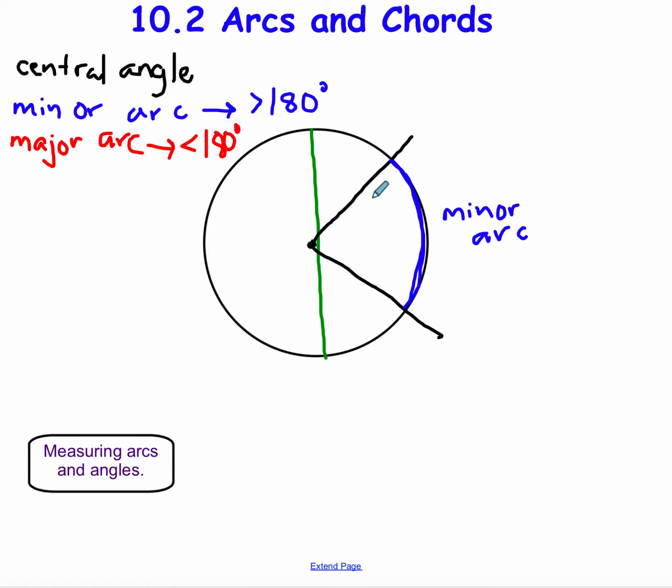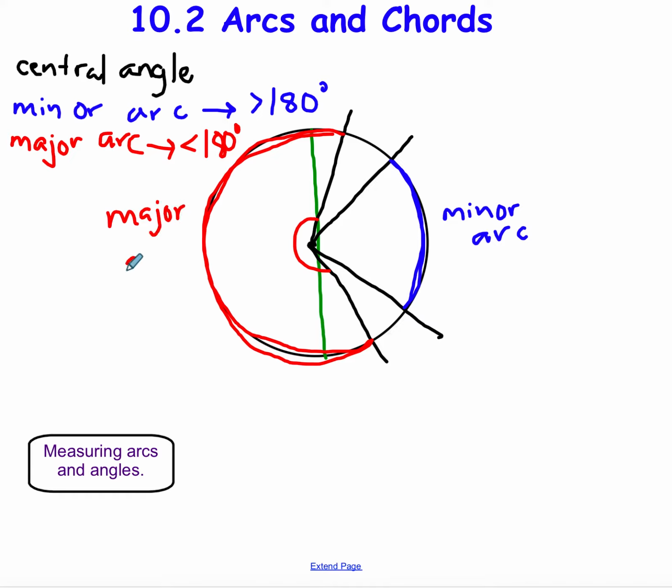So if I were to draw an angle like this one, and I'm referring to this angle right here that's greater than 180 degrees, this arc in red corresponds to that angle. Clearly it's above 180 degrees, so we would call this red arc a major arc.